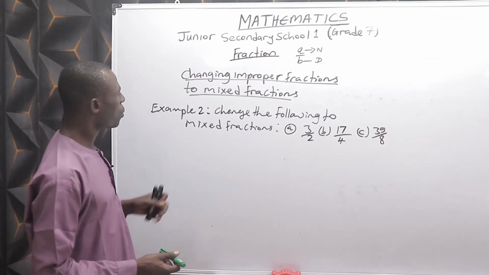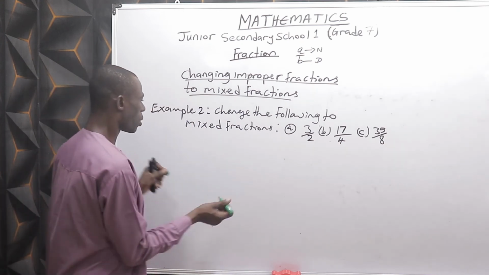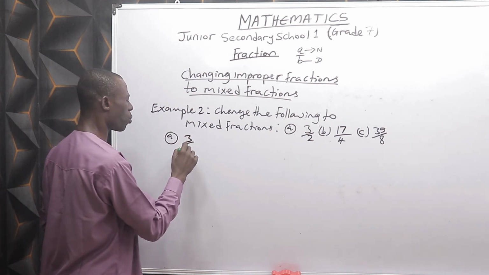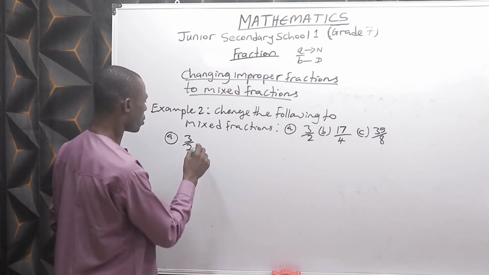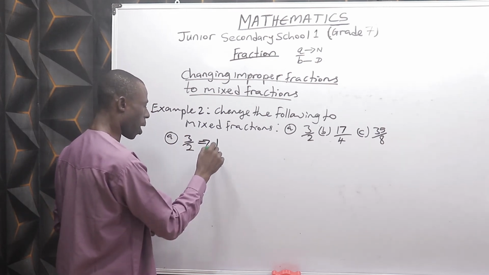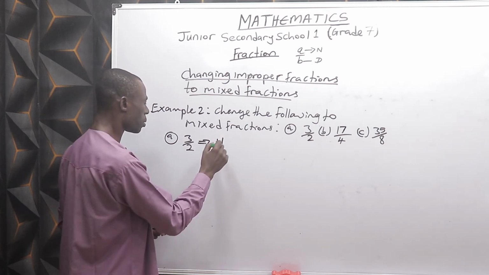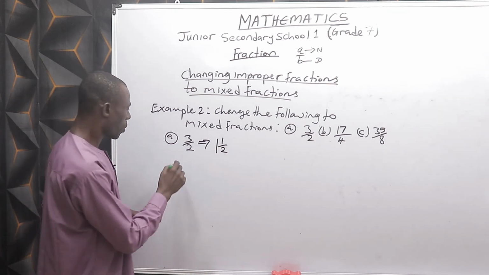Example 2. Change the following to mixed fractions. Question A. Change 3 over 2 to a mixed fraction. How many 2 do we have in 3? 1. Remaining what? Remaining 1 over 2. Changed already.